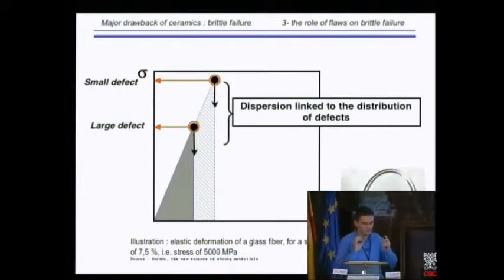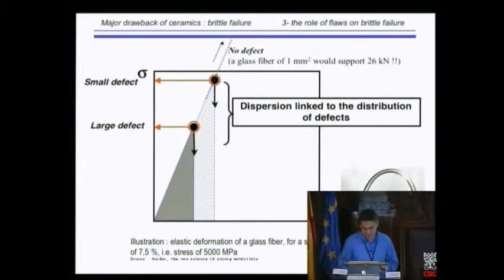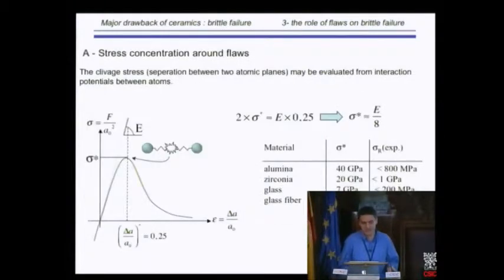So really, the strength of ceramics is directly related to the presence of flaws. Just to give you an image, a glass fiber of only 1 square millimeter would support 26 kilonewtons if it has no defect at all. So we always have defects, unfortunately.